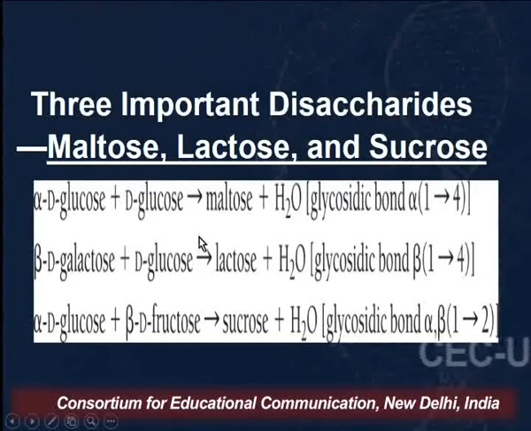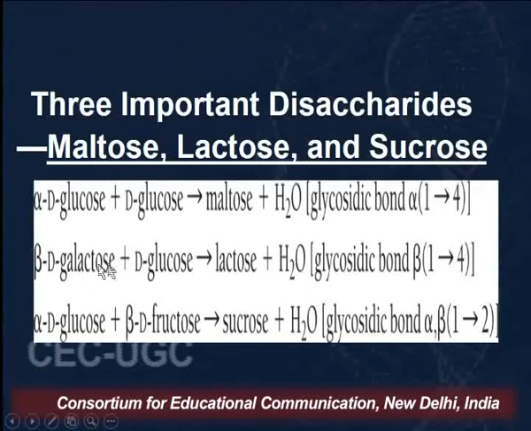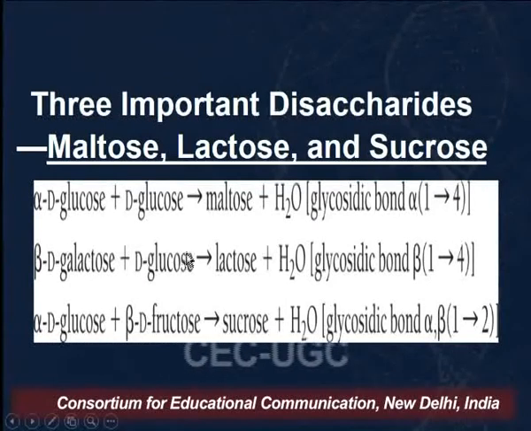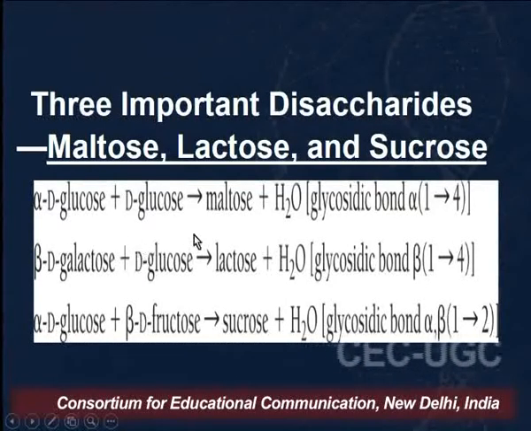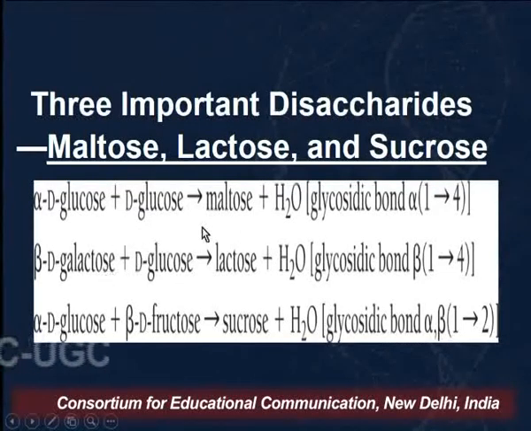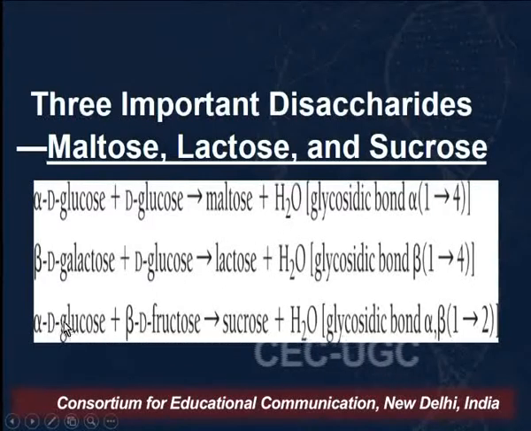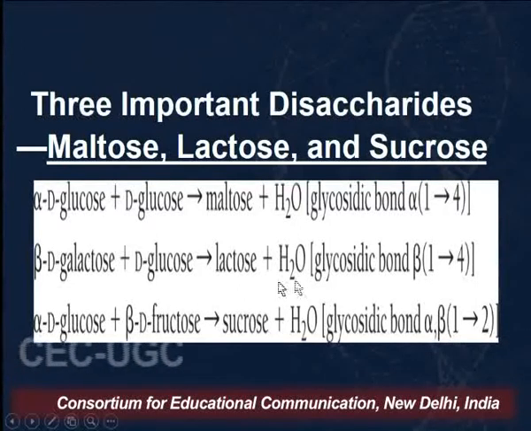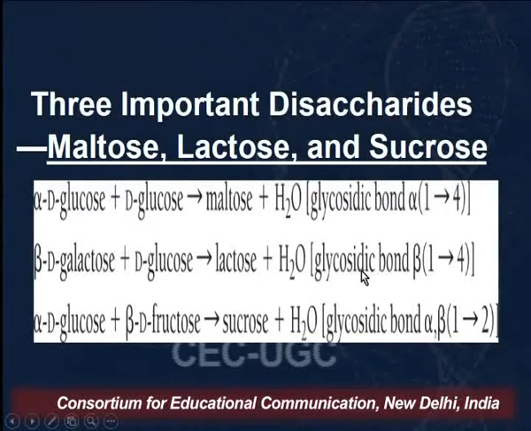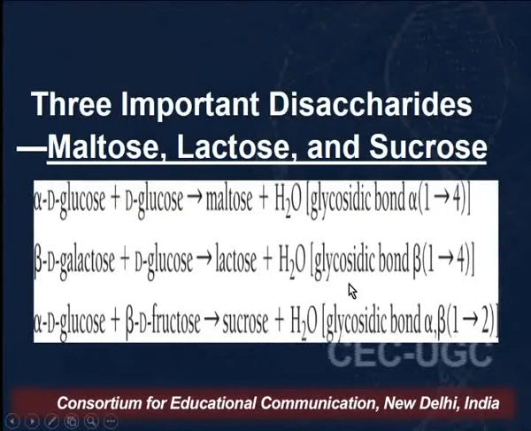Lactose is made up of beta-D-galactose and D-glucose, and the bond is beta-glycosidic, a beta-1,4 glycosidic bond. And sucrose is made up of alpha D-glucose and beta D-fructose residues, and therefore this glycosidic linkage is known as an alpha 1 beta 2 glycosidic linkage.